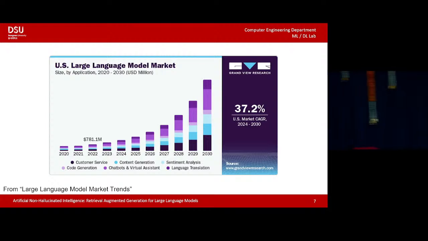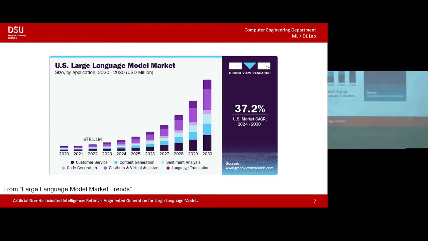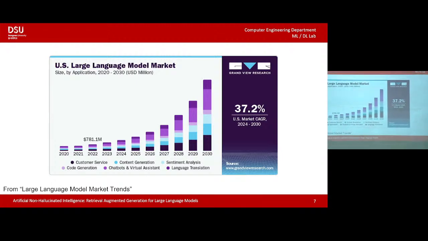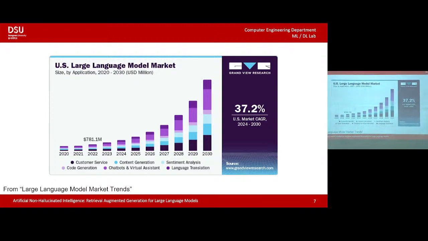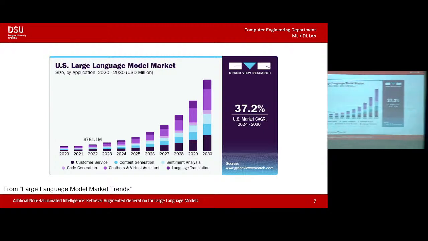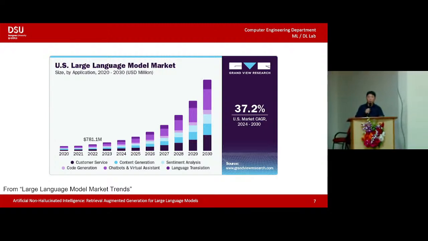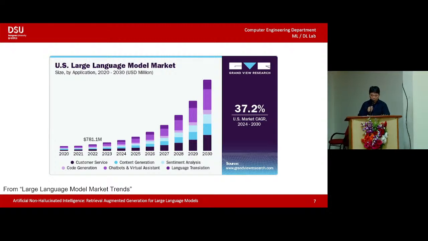A key driver of this growth is the integration of zero human intervention features in training systems, which increases efficiency by allowing models to learn automatically, thus reducing time and resource needs.